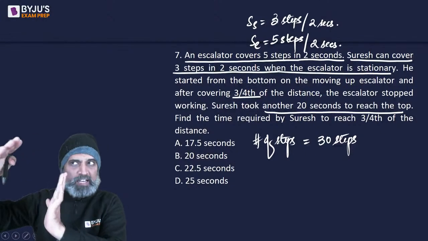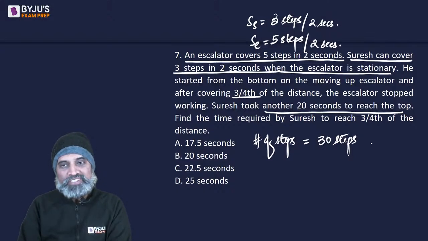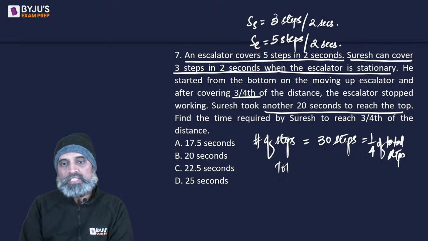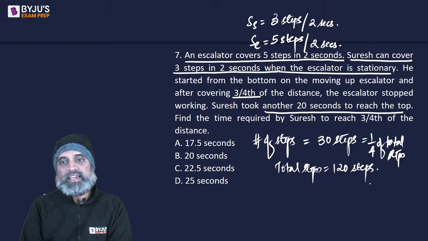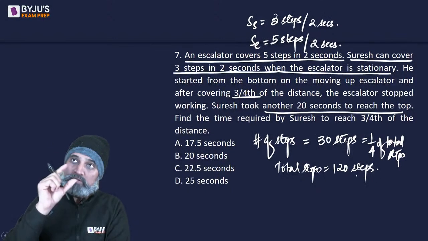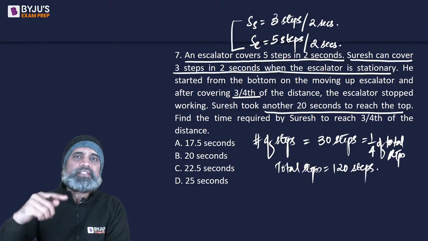It was only the 1/4 part where Suresh alone was moving. So this is actually 1/4 of the total steps on the escalator, right? So that means the total steps on the escalator is going to be 120 steps.